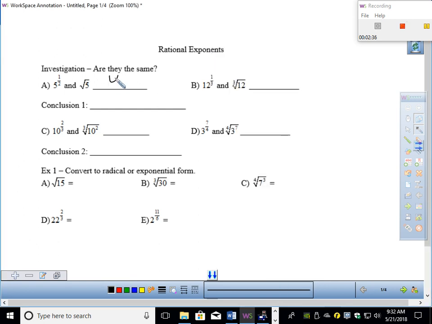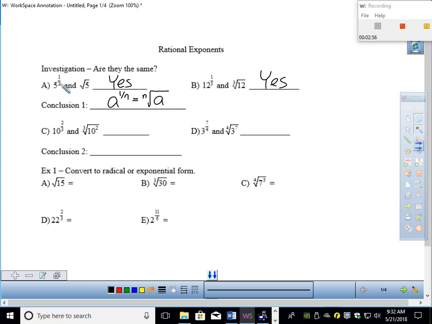So first and foremost, big fat yes in there. Same in there, looking good. And our conclusion number 1, here's what I have on my sheet. When we have a base raised to the 1 over n, in this case, the nth root is what it's going to be equivalent to. And so that's, I think, what we would formulate.